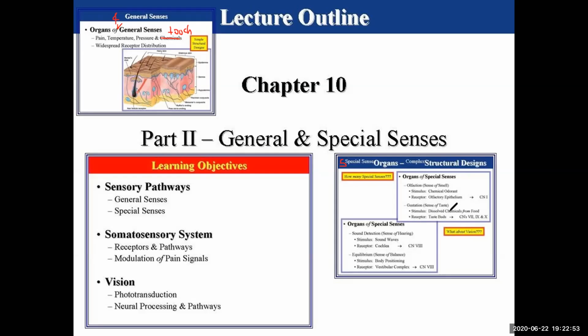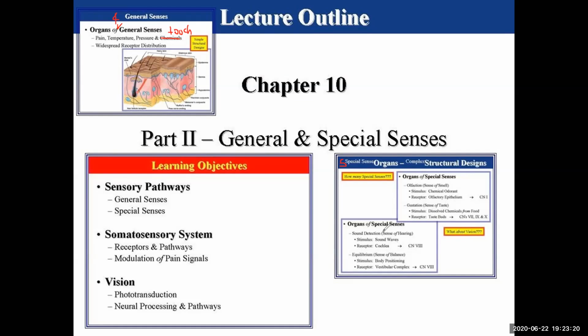Gustation, sense of taste. Stimulus, dissolved chemicals from food, like I mentioned earlier. Receptor, taste buds. That information is sent through cranial nerves number 7, 9, and 10. So sense of taste is conveyed by 3 different pairs of cranial nerves: pair number 7, pair number 9, pair number 10.